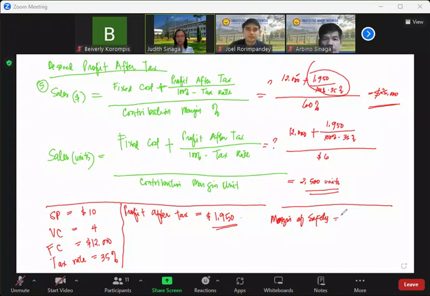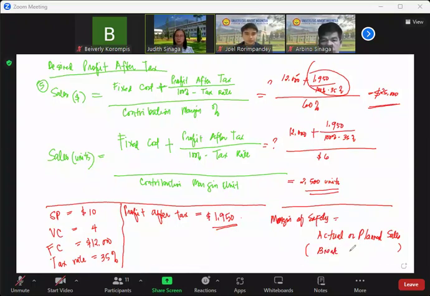So, margin of safety dihitung dengan actual or planned sales dikurangin break even sales.